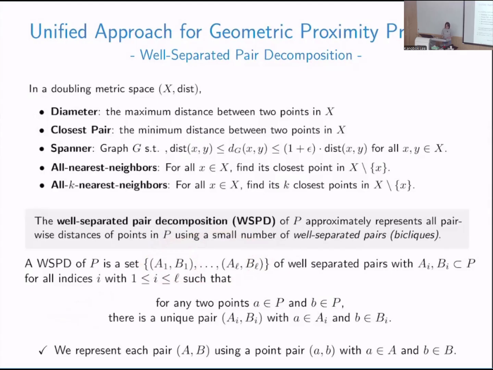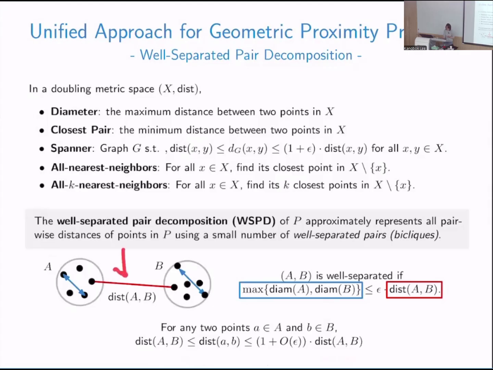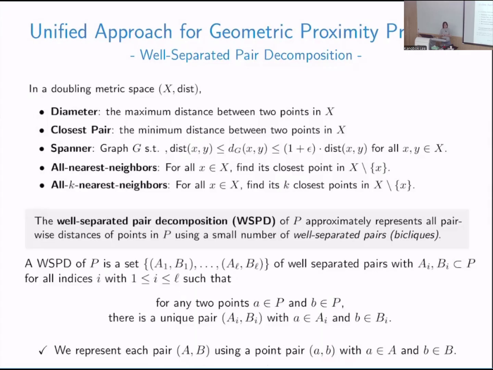And in many applications, for each pair, it is sufficient to keep only one point pair, or it is sufficient to keep this red line segment. So the space complexity required to represent this WSPD is linear in the number of pairs, in this case L.